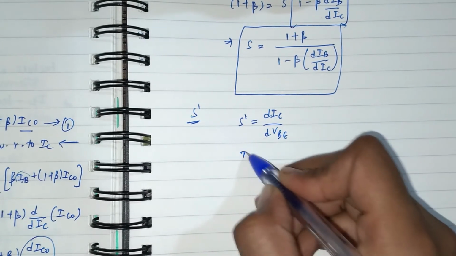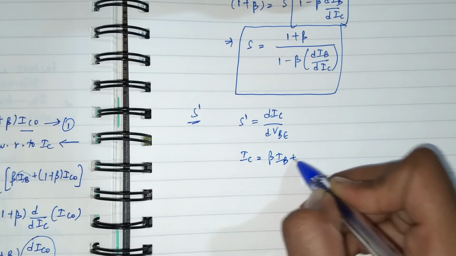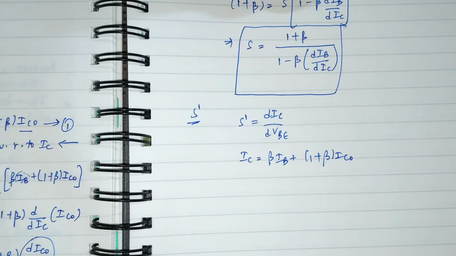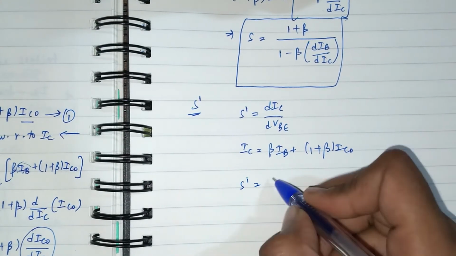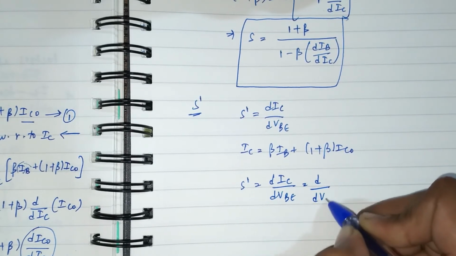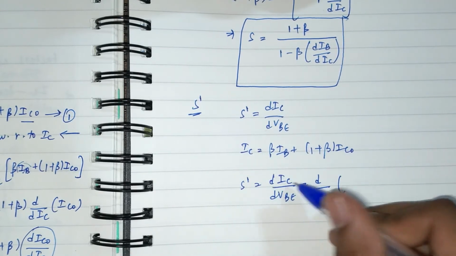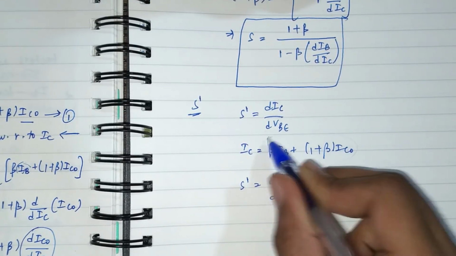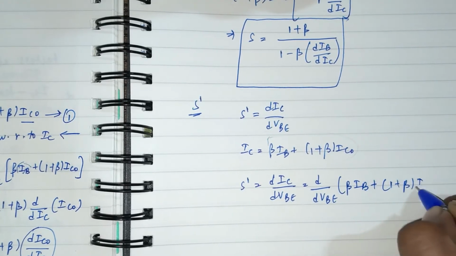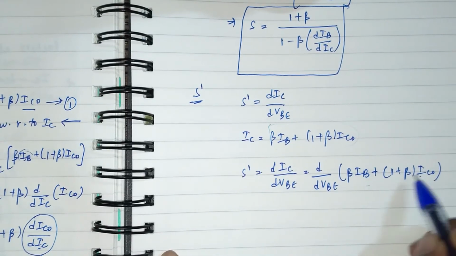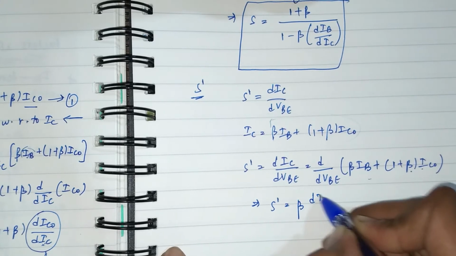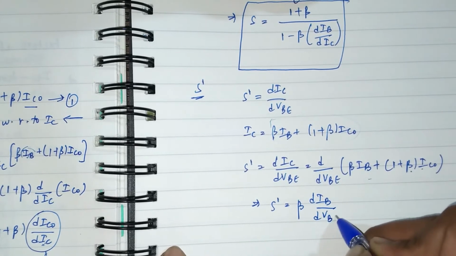Using the relation IC is equal to beta IB plus (1 plus beta) into ICO, S dash can be written as dIC by dVBE, which is d by dVBE of, in the place of IC, this whole term beta into IB plus (1 plus beta) into ICO, where ICO and beta are constants. So S dash is equal to beta into dIB by dVBE.